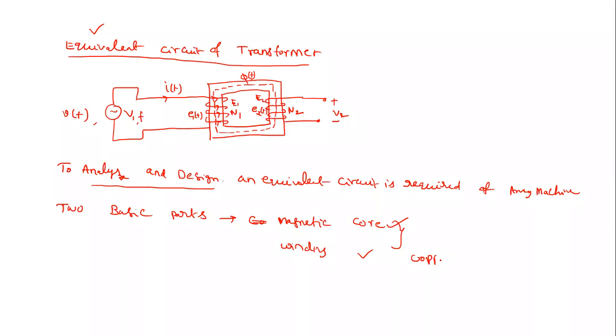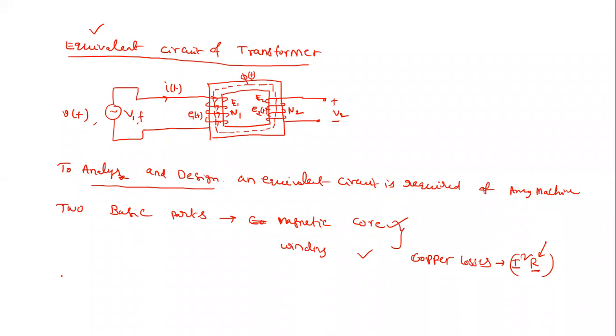Correct. Very nice. So what is the copper loss? We can say it is simply I square R loss. From where did we get this R? This R is the resistance of the winding.